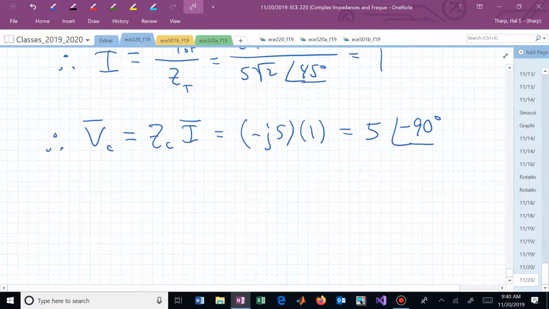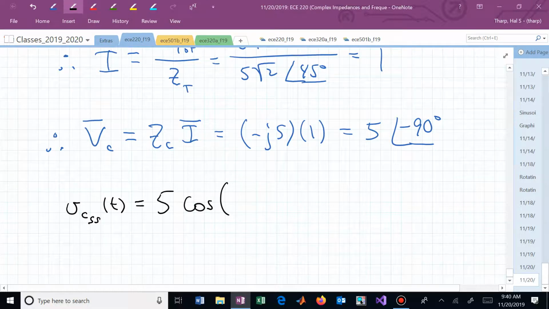Which says that we can now put this back into the time domain. Our sinusoidal steady state capacitor voltage is 5 cosine. Now what do I do? How was it shaking? 4. It has to shake exactly the way that we were exciting it before.